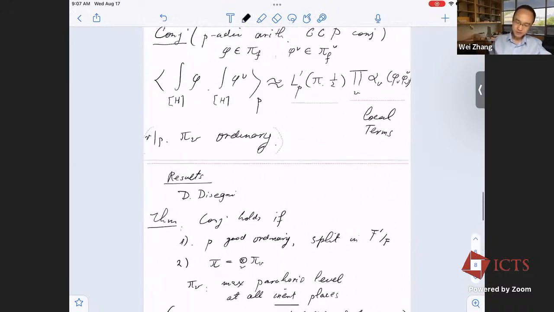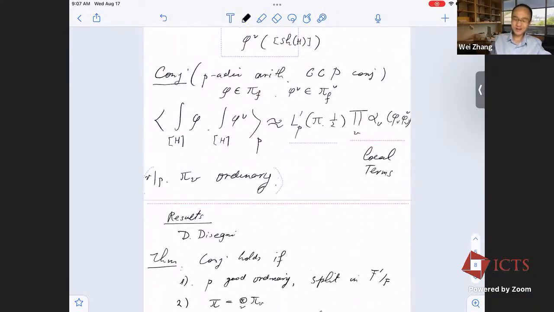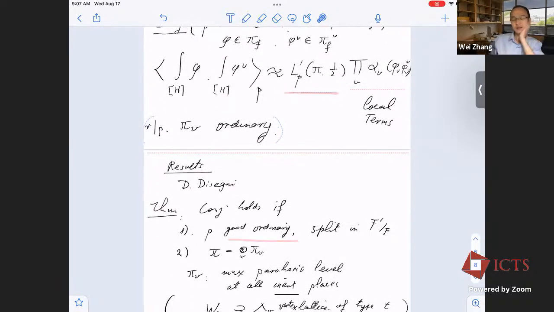But that reminds me that I forgot to state one application. One consequence of this conjecture is an application to the p-adic version of the Bloch-Kato conjecture, as formulated by Perrin-Riou, and maybe also in conjunction with the work of Fontaine. If you assume the order of vanishing of the p-adic function should be the same as the rank of the Selmer group, then, at least in the good ordinary case, there is a canonical choice of splitting in the p-adic height.